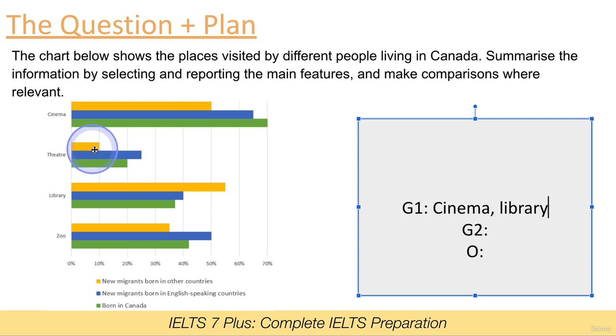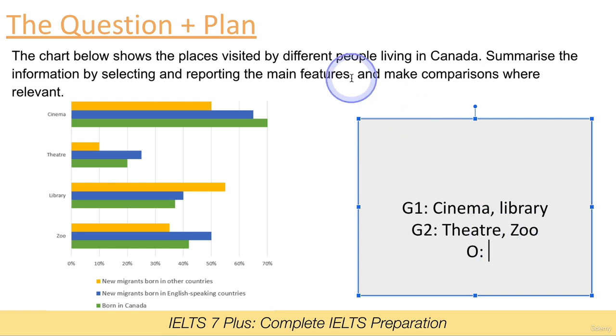Because the zoo and the theatre have a similar sort of trend, as in new migrants born in English speaking countries are the highest in those two. So we can group the theatre and the zoo together.